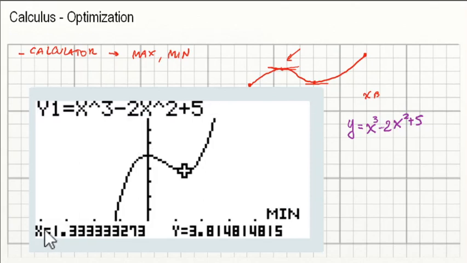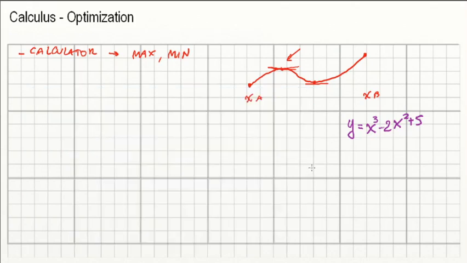And when x is this, which is an ugly number, y will be a min, and that's the height of our function at that point. Now calculators help us a lot, however we might not always be able to use them.